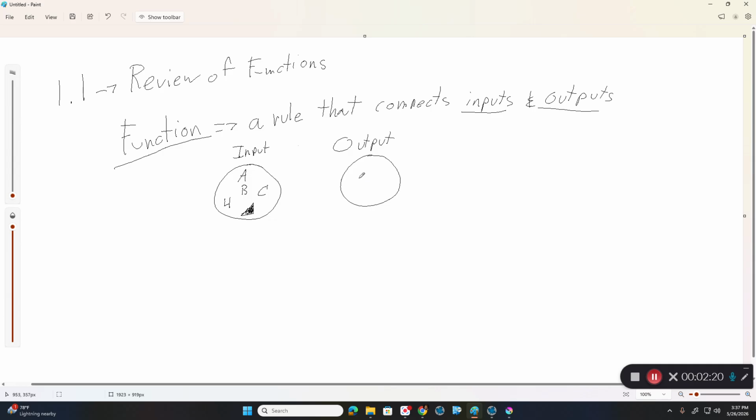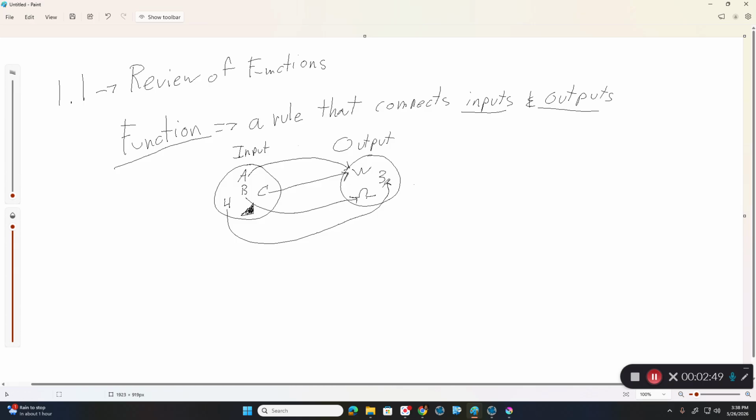And then we have some things in the outputs, and once again, these can be letters, numbers, or symbols. Whoops, that's going to happen a lot in this class. I'm working on getting my online whiteboard skills better. In case you haven't noticed, it's just a paint program. So what a function does is it connects members of this input set to members of this output set.